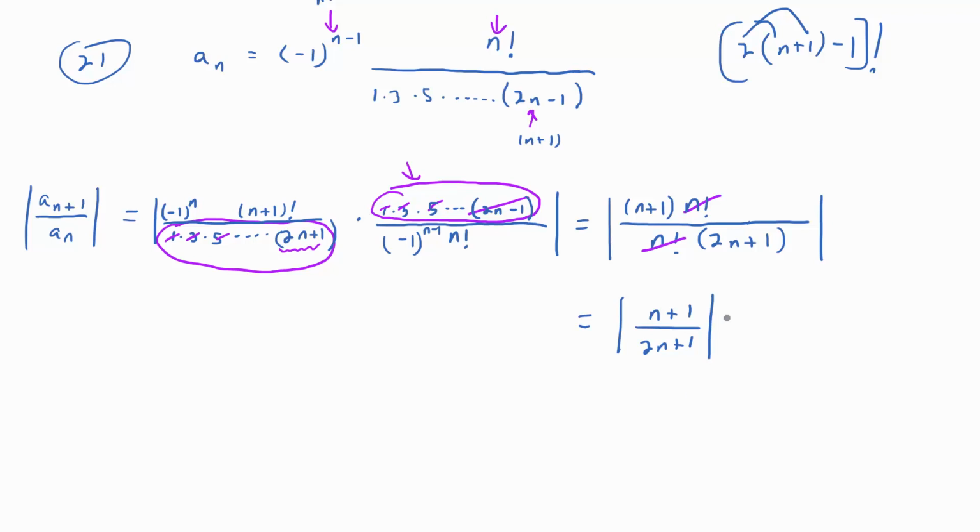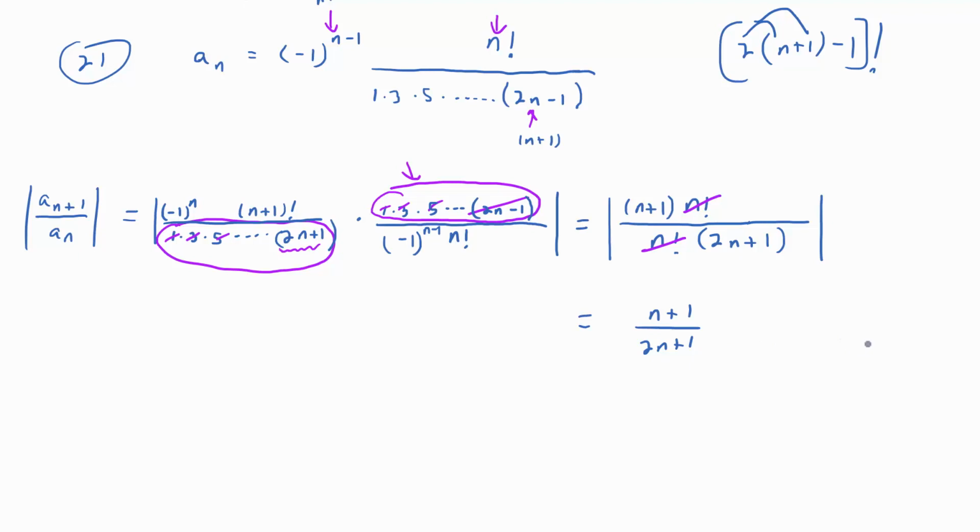Do I really need the absolute values anymore? That's all positive. No absolute value is necessary now because I already got rid of the stuff that might have made it negative. So you can drop the absolute values because that's positive.